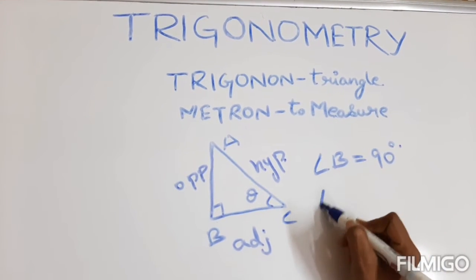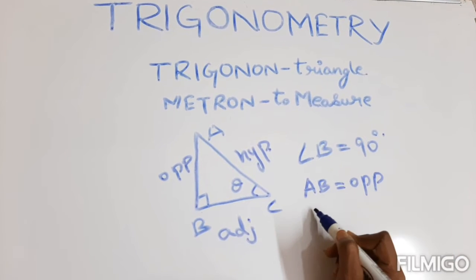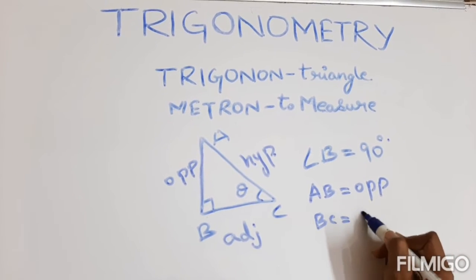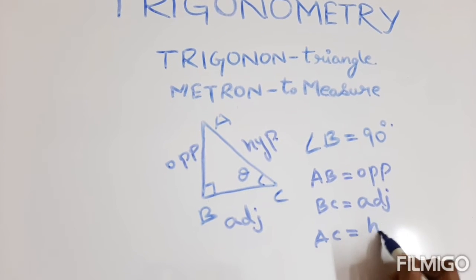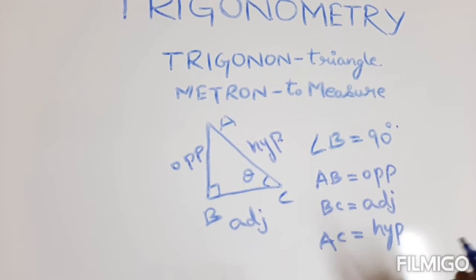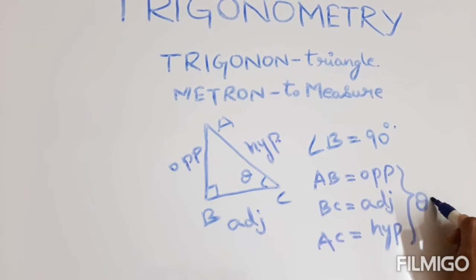Let me write: AB equals opposite side, BC equals adjacent side, and AC equals hypotenuse. We can write all these names only with respect to theta.